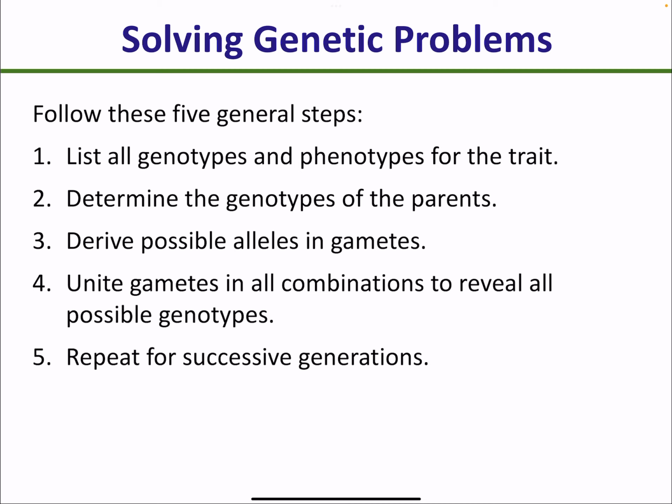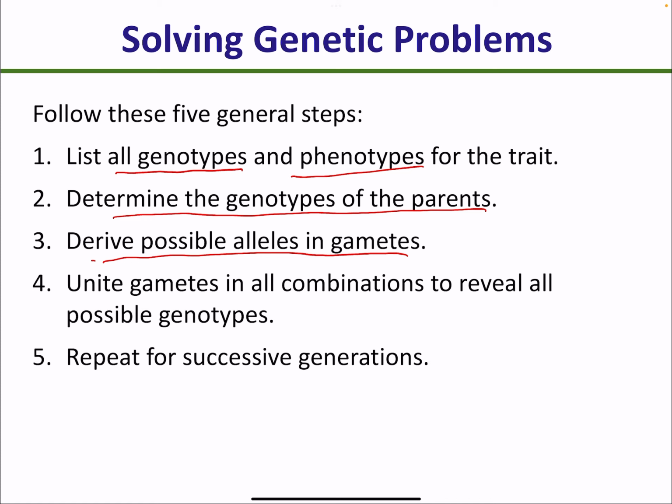When you read the problem, you need to list all the genotypes and then list all the phenotypes for the traits that are in the problem. Then determine the genotype of the parents. From the genotype of the parents, deduce the possible alleles.